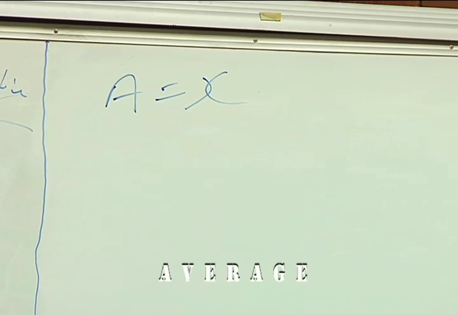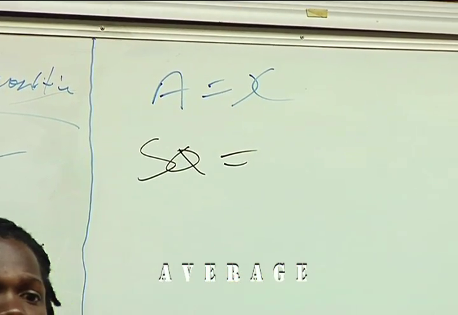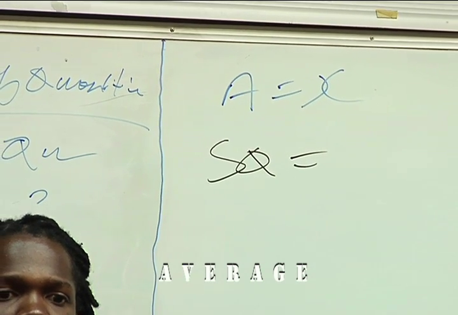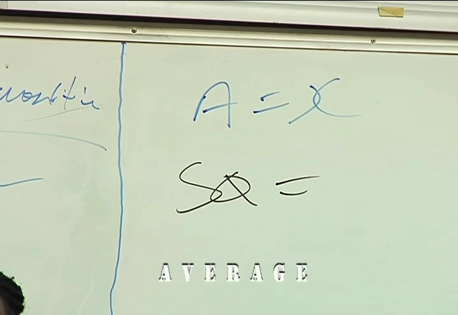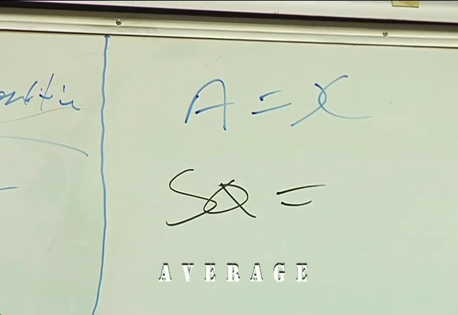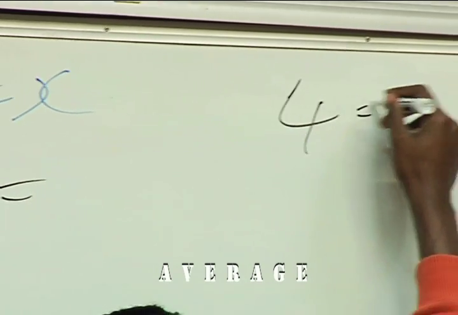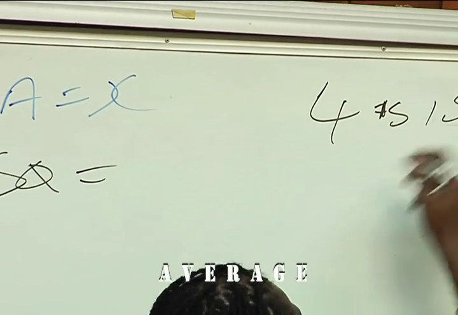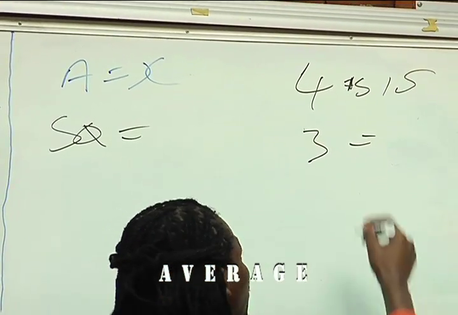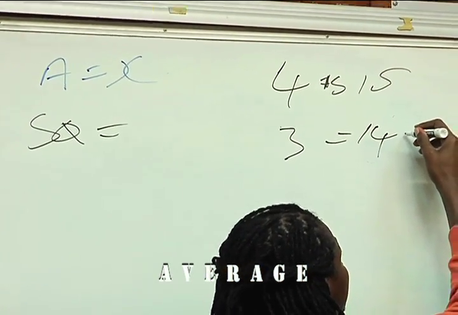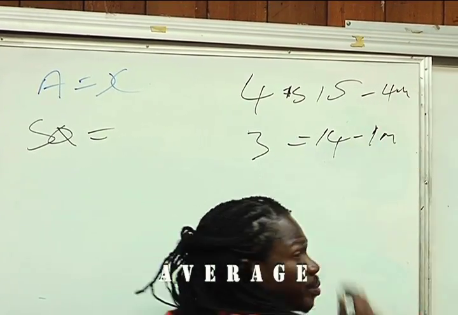Come now. If A equals X, what do we know now? SQ. How many boys do we have? 4, 7. We have 7 boys. Because 4 of them are 15, and 3 are 14, and 9 months and 4 months.